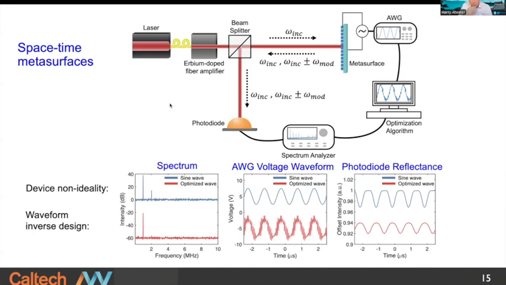So for example, you can see at the top a non-ideal device that should produce a single sideband at 1 megahertz with a sine wave, but because the metasurface is non-ideal, we get a spurious sideband at 2 megahertz. Very similar to the inverse design spatial tuning that I showed earlier, we can also now produce an inverse designed waveform to suppress sidebands other than the one that we explicitly wish to make.